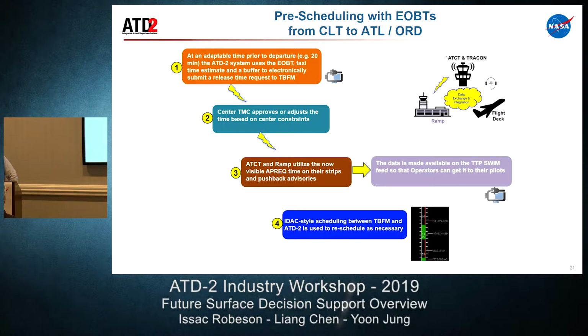If TBFM is requiring a TMC at the center to make a decision, the TMC will see that request, make a decision on it, and that'll come back electronically to the tower and be communicated electronically to the ramp as well. So prior to the pilot even saying, hey, I'm ready for pushback, they have a release time. There's a lot more certainty about how much delay they're going to get into the overhead stream.